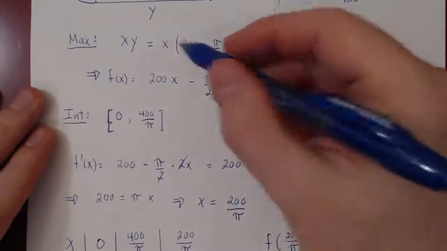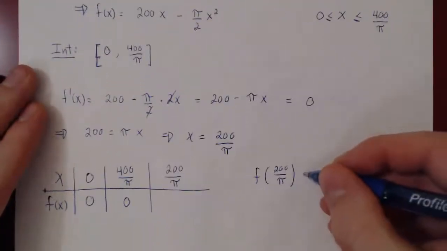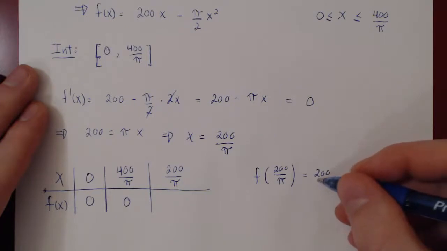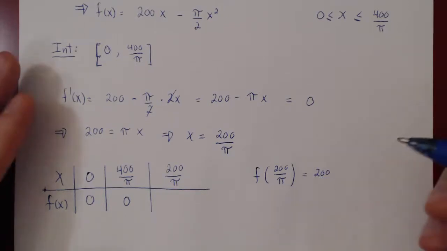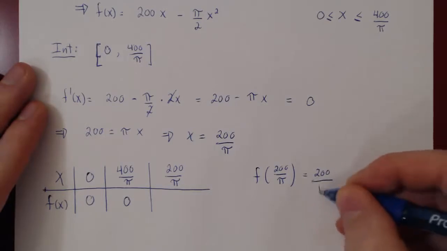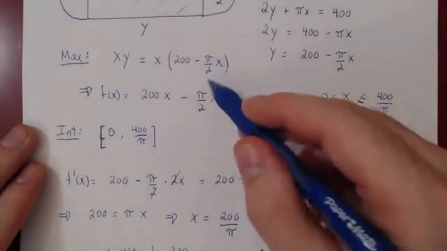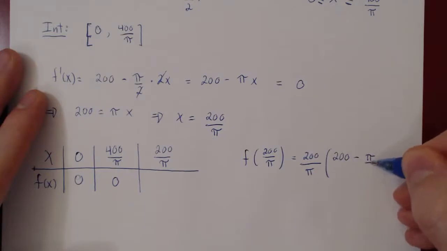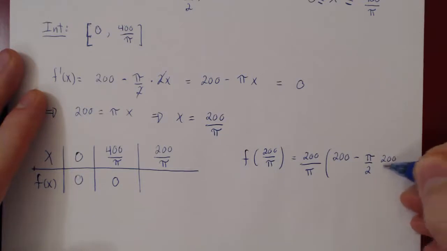Well, this is 200 over pi times 200 minus pi over 2 times x. So 200 minus pi over 2 times this value, 200 over pi.